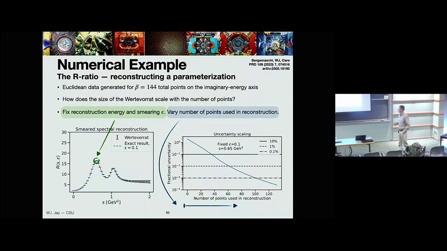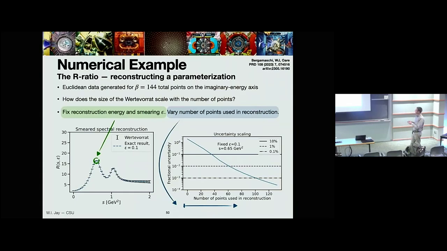You can phrase the problem a little bit differently, and you can say, all right, let's suppose that I'm interested in what's happening near the peak from the rho in this smeared spectral function. And I'm going to fix some number of points on the imaginary axis. And you can ask, how does my uncertainty from the Wertevorrat scale with the number of points I actually use in the interpolation? Roughly speaking, you'd expect it to be decreasing as you add more analytic information.